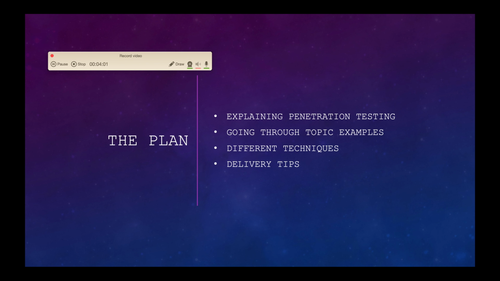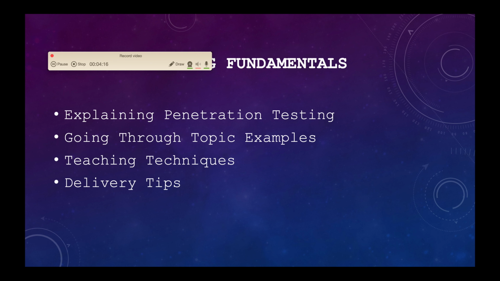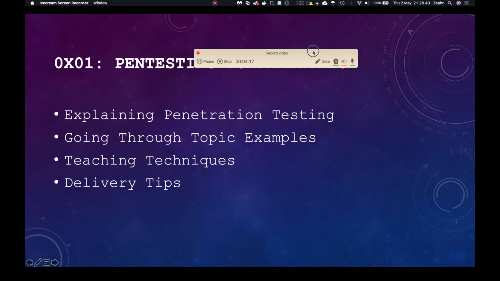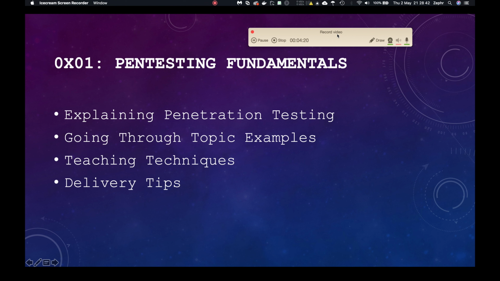So that's the rough overview of what pen testing is, the different phases of pen testing, different types, etc. There's also lots of bits and pieces involved in pen testing other than that.